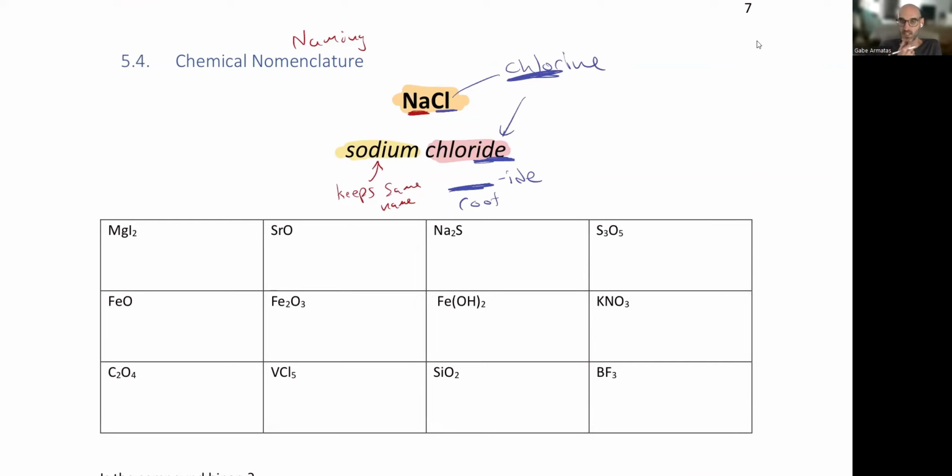We're just simply going to get rid of the INE and get an IDE. Oxygen becomes oxide, we just cut off the YGEN. You're going to know which ones sound correct, but that's it. First one keeps its name, second one gets an IDE ending, unless a polyatomic is present, and we're going to see that.